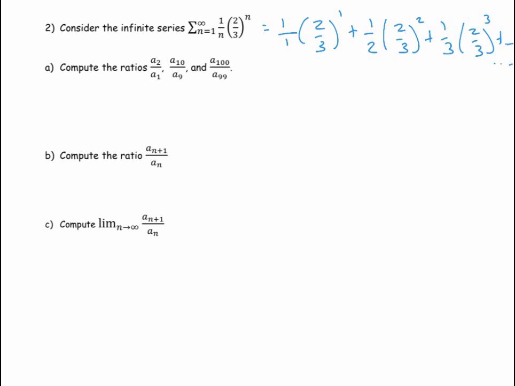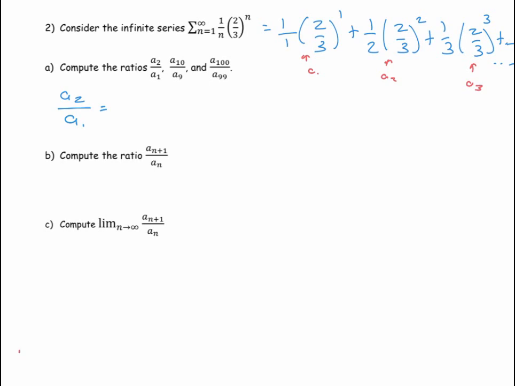Now let's compute the same ratios we were computing before. What is the second term divided by the first term? We know this is the first term and this is the second term.